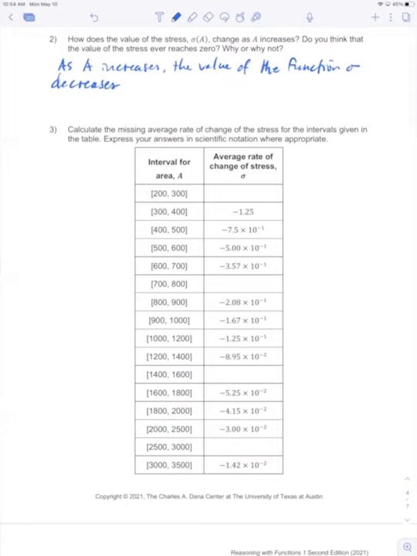And we could even say it gets closer to 0. It's close to 0, but never equals 0.